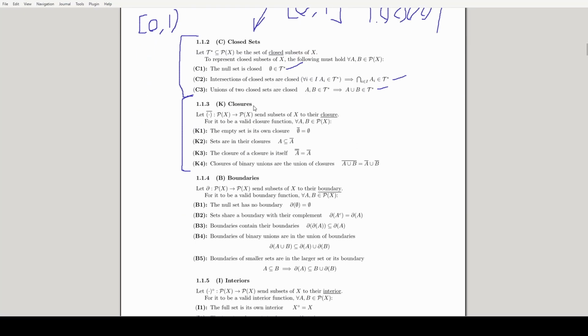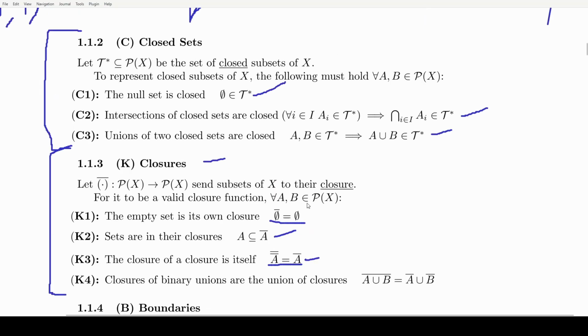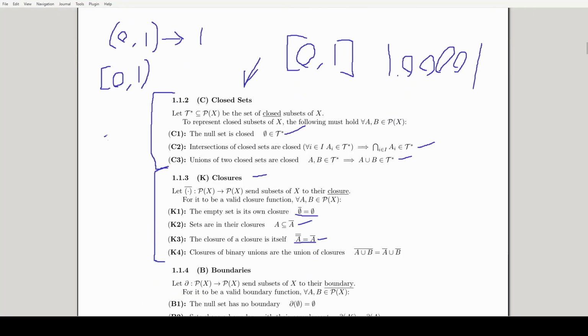Okay, back to the closure. It adds everything the set's touching. So nothing touches nothing, so the closure of the empty set is empty. Hopefully that makes sense. Since it's only adding points, sets are in their closures. The closure of the closure is itself. So if you do the closure twice, it's the same thing as doing the closure once. This is basically saying that closures contain everything they touch.